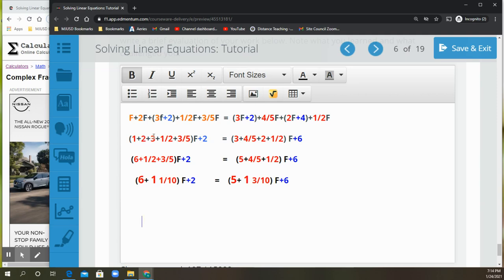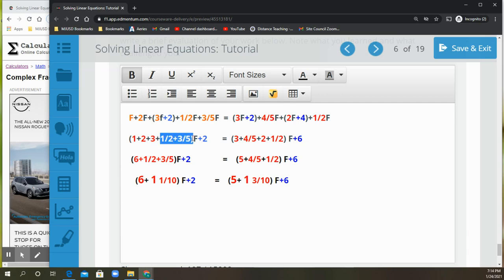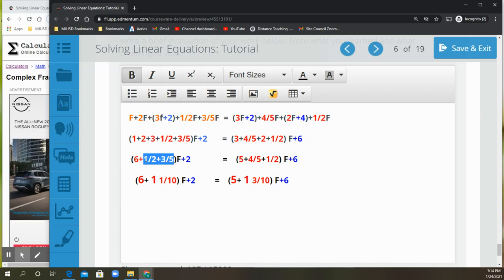So 1 + 2 + 3 equals 6. Half plus 3/5 equals 1 1/10. So we have 6 plus 1 and 1/10.